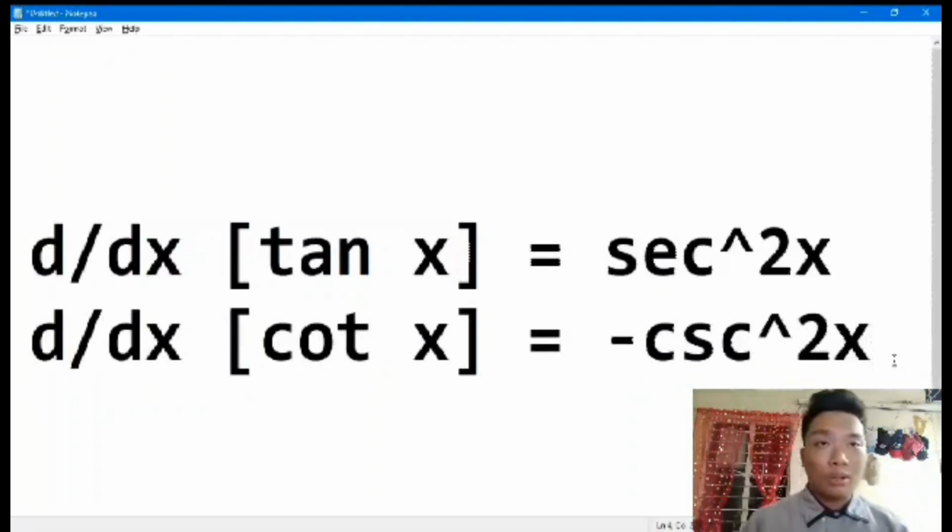Secant and cosecant are similar too: the derivative of secant is secant tangent, and the derivative of cosecant is negative cosecant cotangent. If you know the left side, you can easily figure out the right side, apart from the difference in sign.